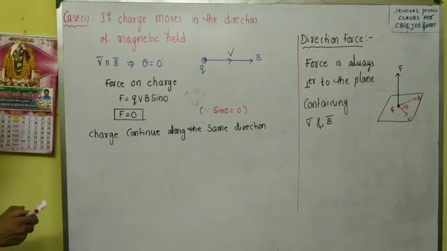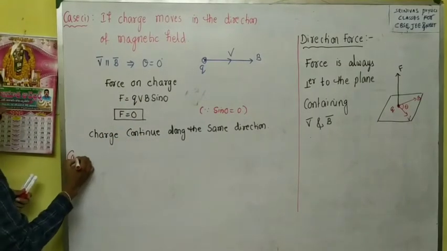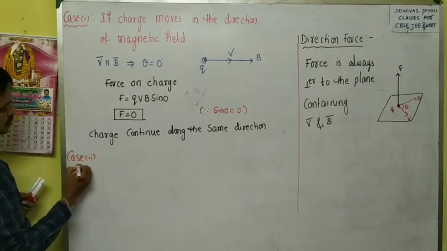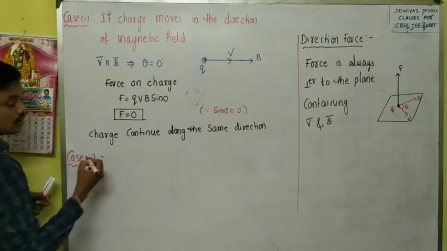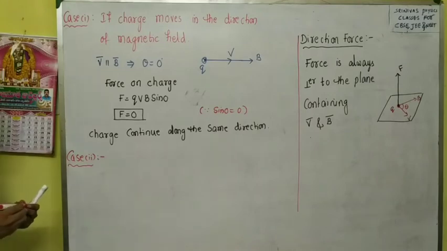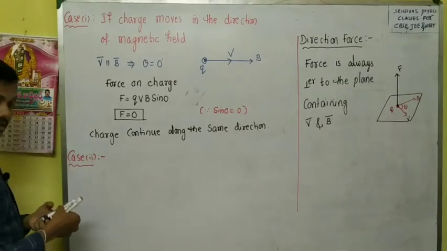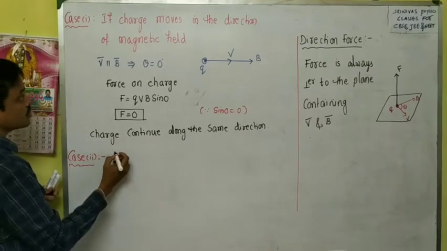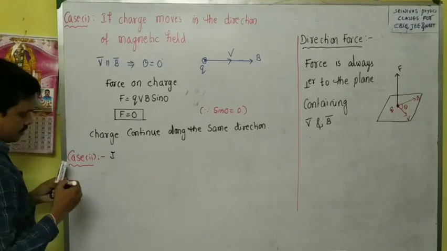Let us go for the next case, case 2. Case 2 is that if charge moves opposite to the direction of the magnetic field.